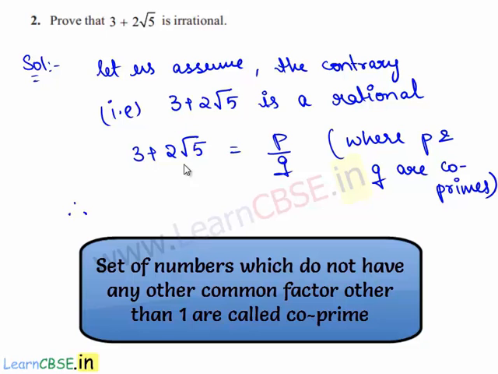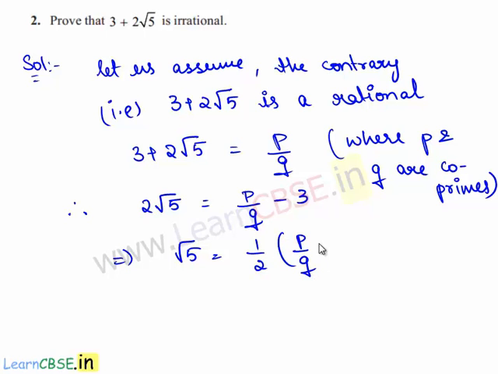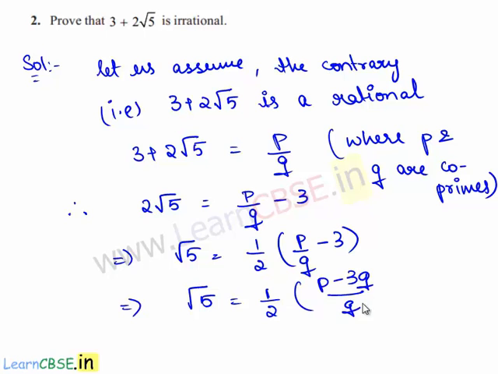Therefore, this can be written as 2 root 5 is equal to p by q minus 3. On transposing 2 to the right hand side, we have root 5 is equal to 1 by 2 times p upon q minus 3. On taking LCM q on the right hand side, we have 1 by 2 times p minus 3q by q.